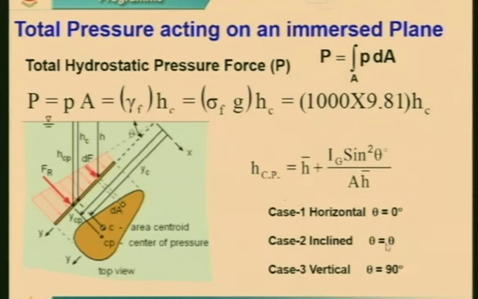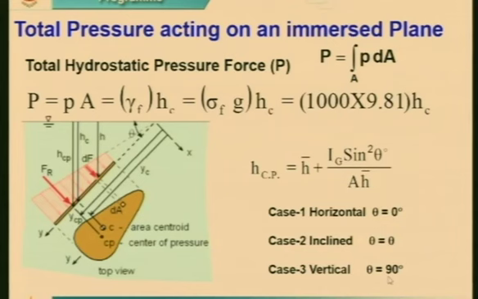Is it okay? In case of inclination with an angle theta, the formula is HCP is equal to H bar plus moment of inertia Ig into sin square theta divided by area of the plate, which is the length by breadth. In case theta is equal to 90 degrees, exactly like this, the angle is 90 degrees now.